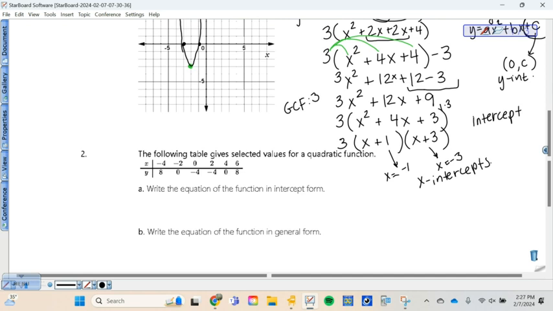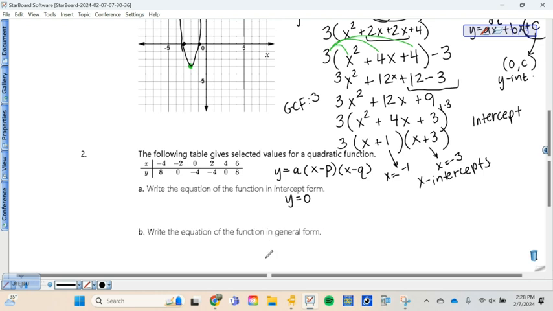I've got my table. We want to write an equation of the function in intercept form. So intercept form has y equals a times x minus p times x minus q, where p and q are my x-intercepts. Can we tell what my x-intercepts are by looking at that table? How? Yeah, it's where y equals 0.